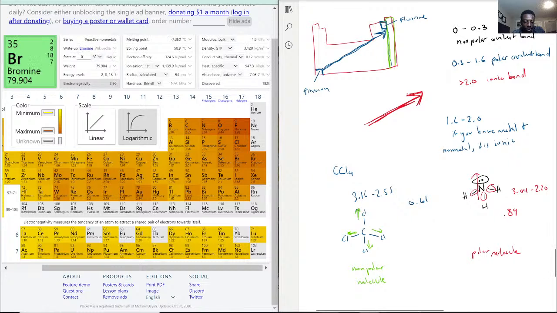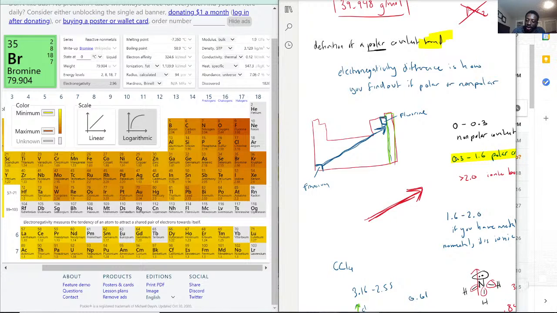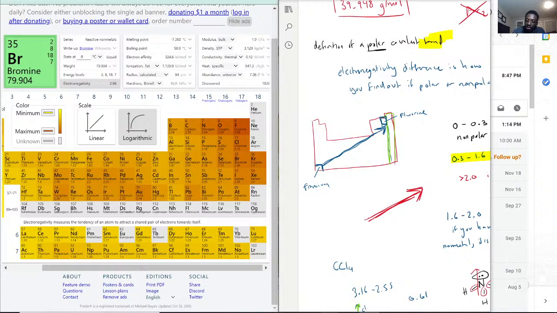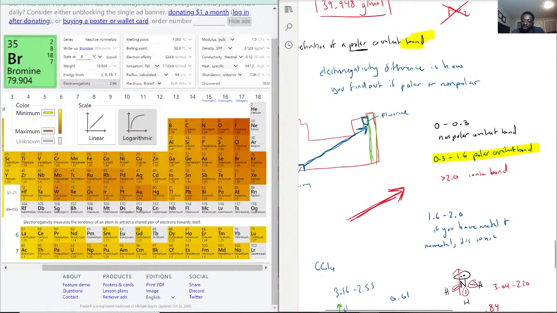So with that being said, overall, to define a polar covalent bond, and the key word is bond, this is the limit right here. So 0.3 to 1.6, that is what you would define as a polar covalent bond, and that is from your electronegativity.